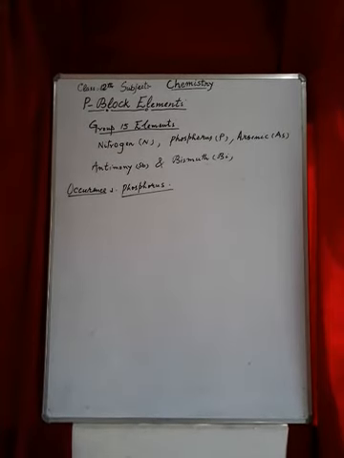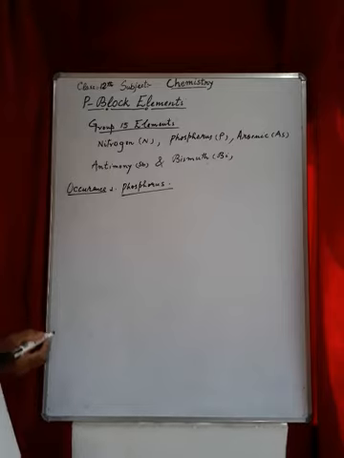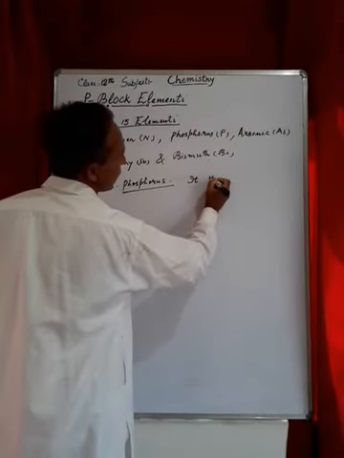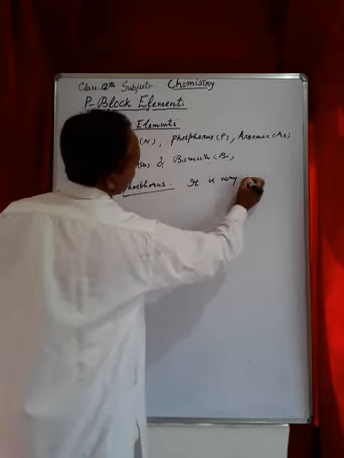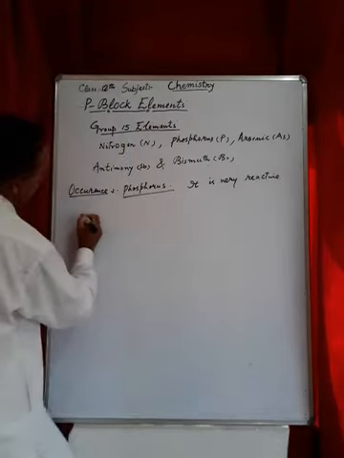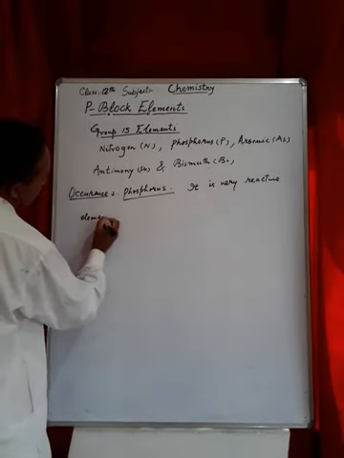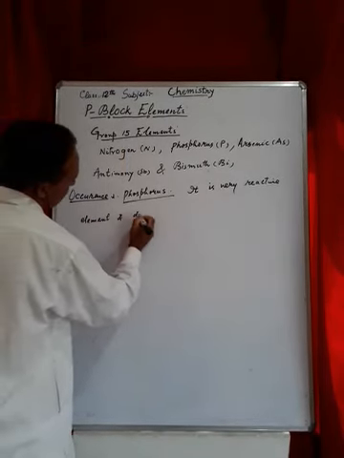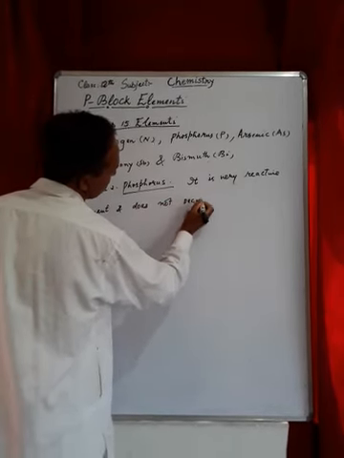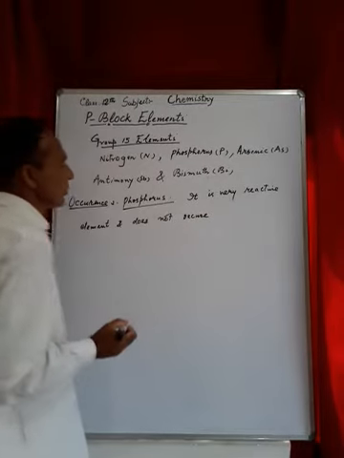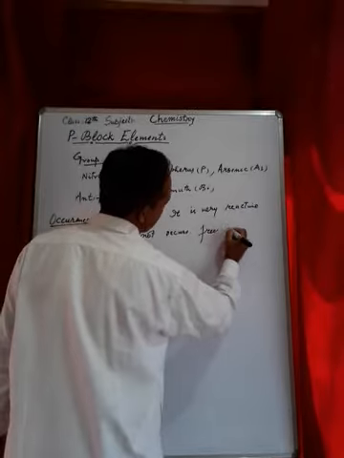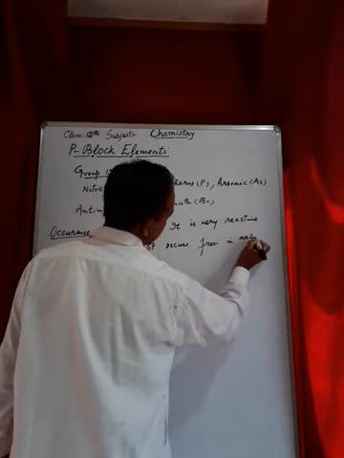Phosphorus is very reactive and therefore it does not occur in nature in the free state. It is a very reactive element and does not occur free in nature.